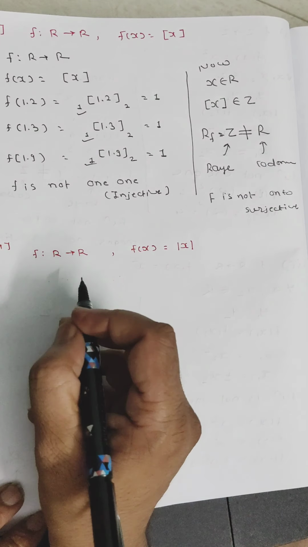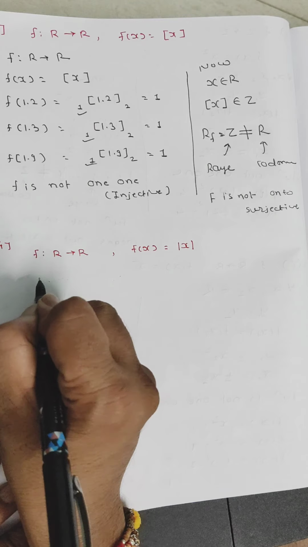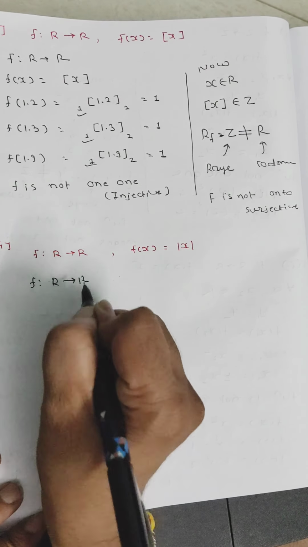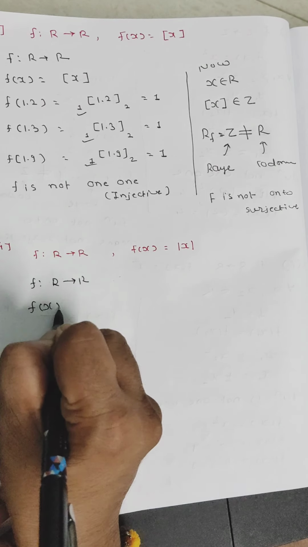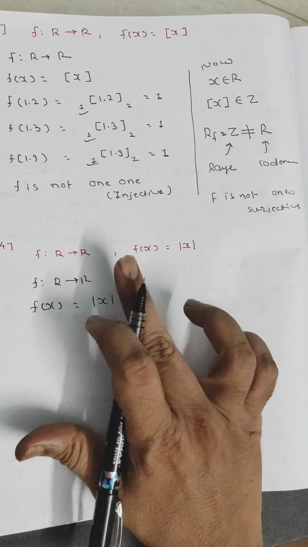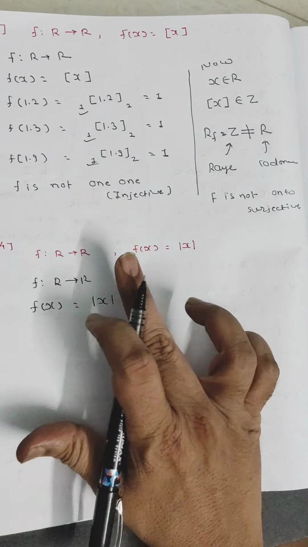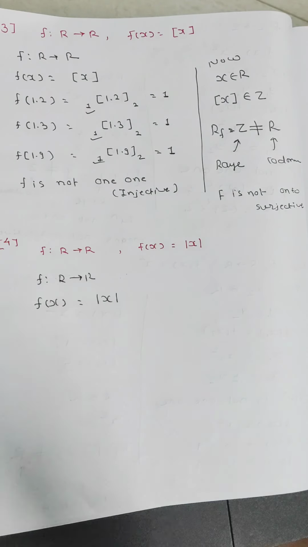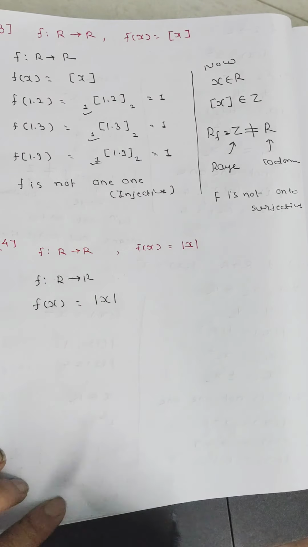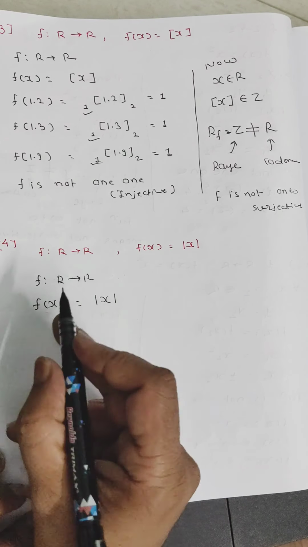Okay. Now for the second example, f(x) is equal to modulus x. If I take f: R to R and f(x) is equal to modulus x. If you just give an example and show that it is not one-one, that is also okay. And if you want to prove it in such a way, it is also okay. But it is better if you want to prove it is not one-one. For one-one, you have to prove in that way.